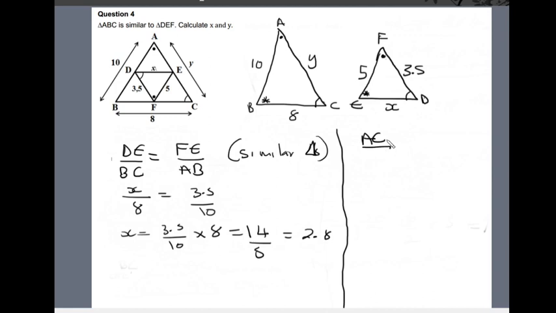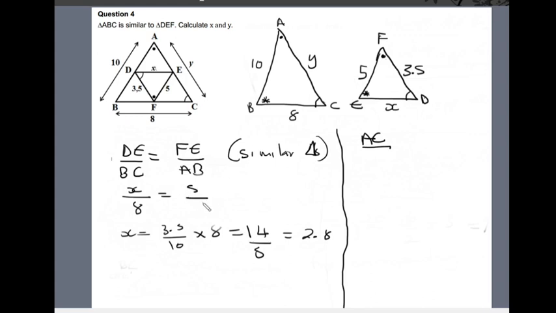Now I was supposed to say 5, not 3.5. I made a mistake here. So FE is 5, right?